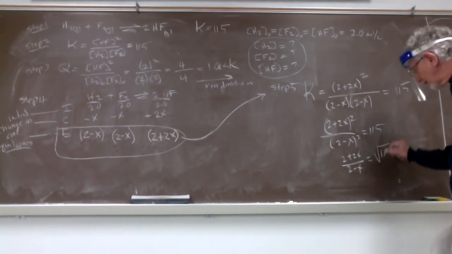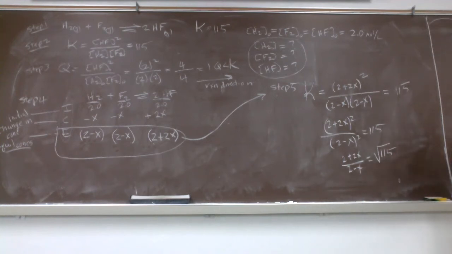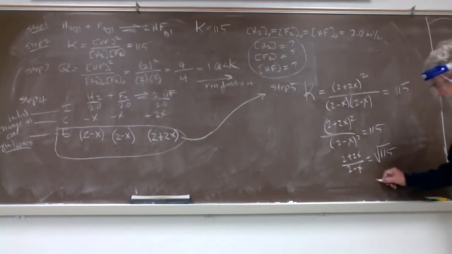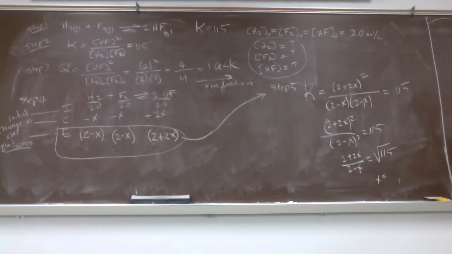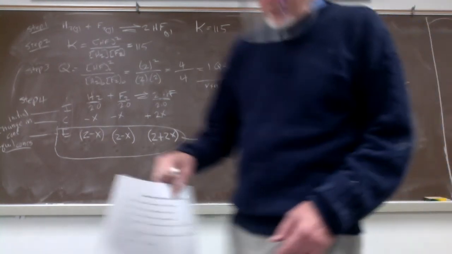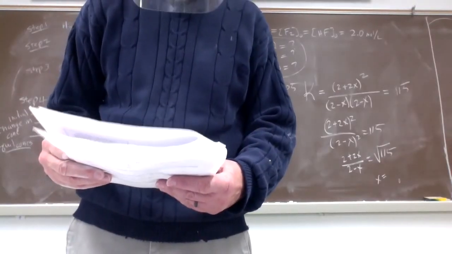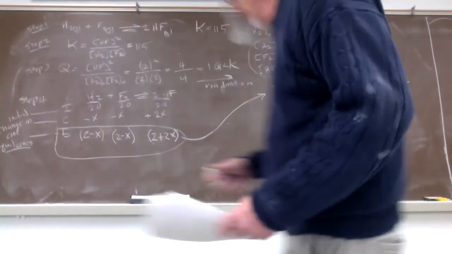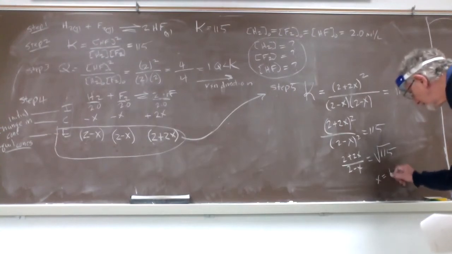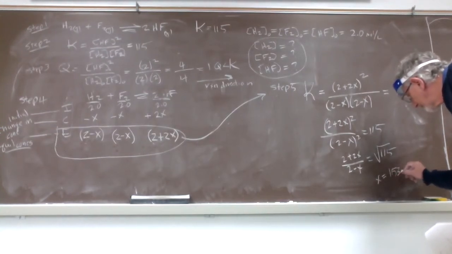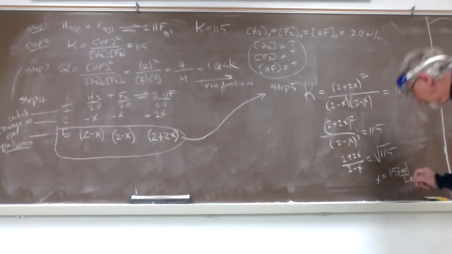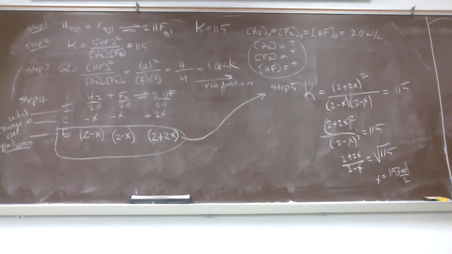Take the square root of both sides. You get that. And now you solve for x. And x is equal to, what could I get for that? 1.53. X is equal to 1.53 molar.